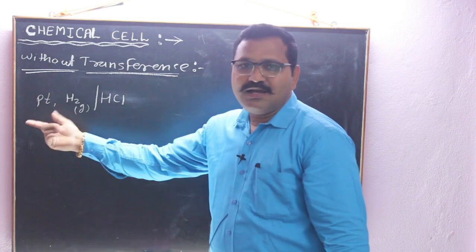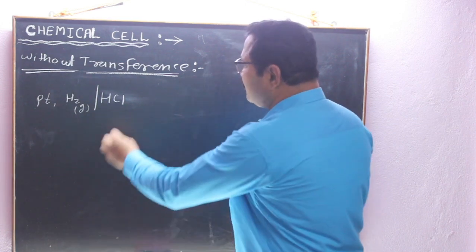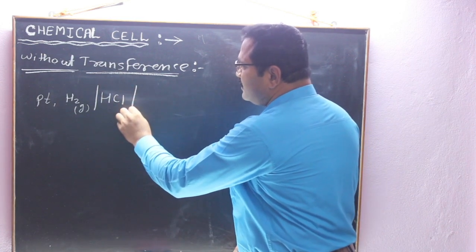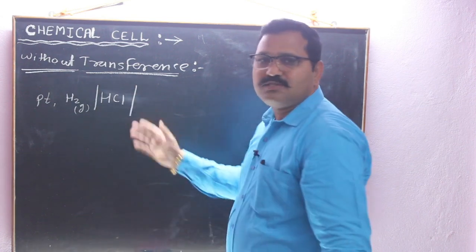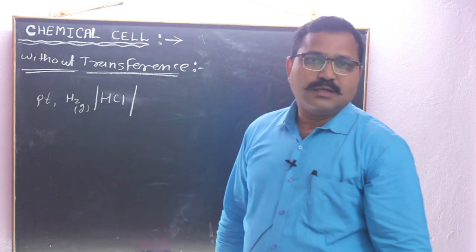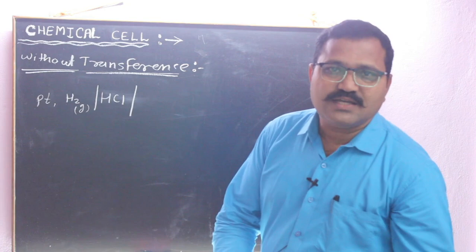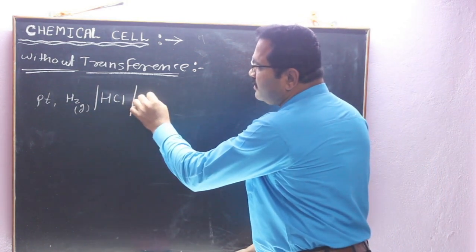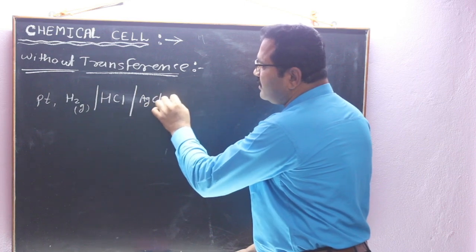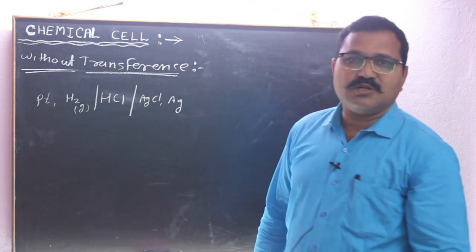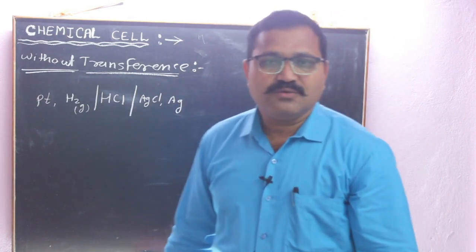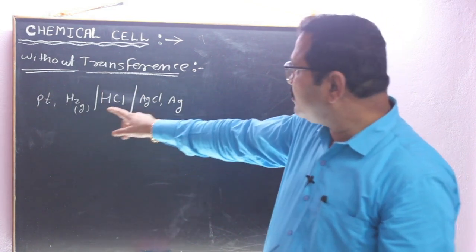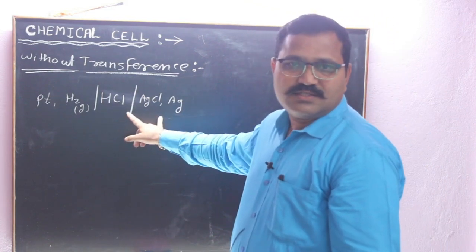This is one half cell, and the other half cell is reversible to Cl minus ions. Reversible to Cl minus ion means you can take AgCl, Ag, a sparingly soluble salt electrode, for this side.